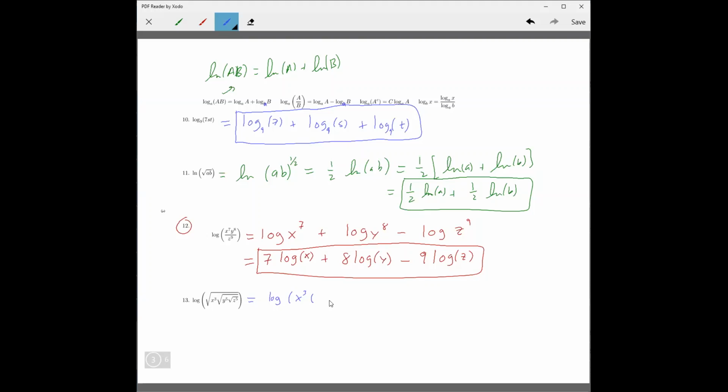I'll write this other square root also as 1/2, and the last one's 1/2. So this 1/2 is the first square root. This 1/2 is the square root of y to the, oh, that's a 5 there. And this 1/2 corresponds to this last square root right there.